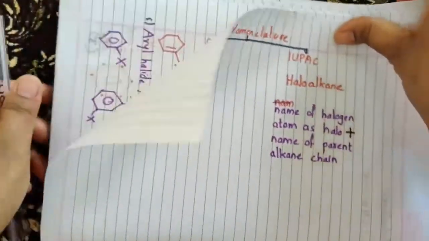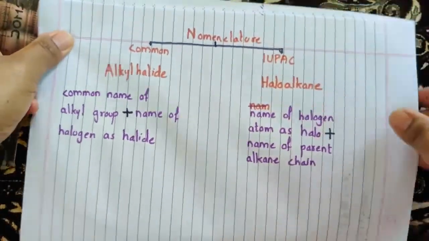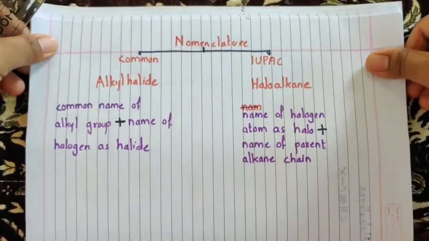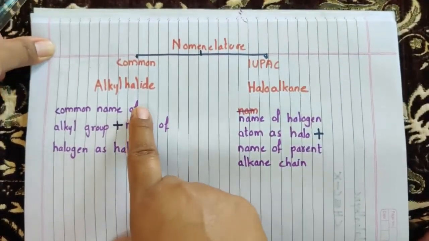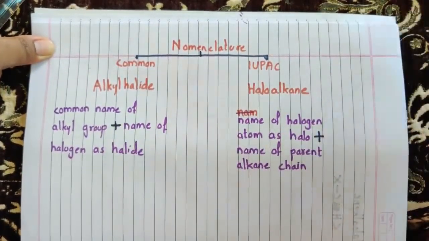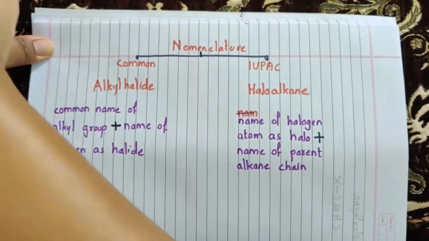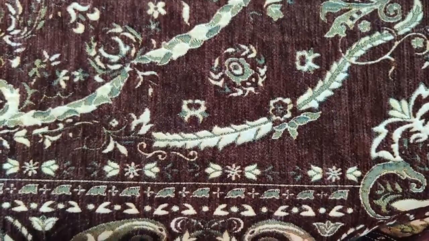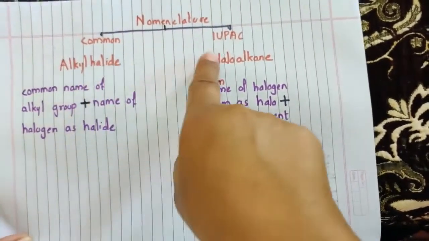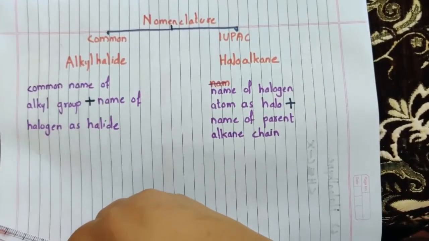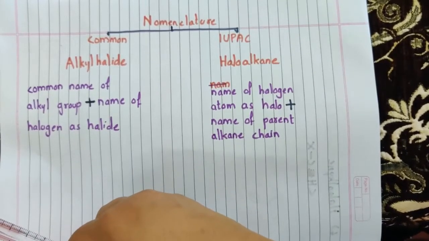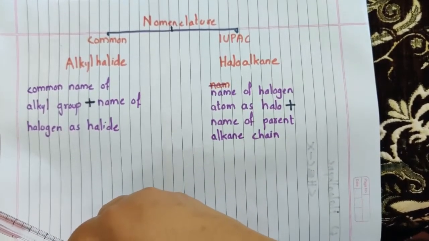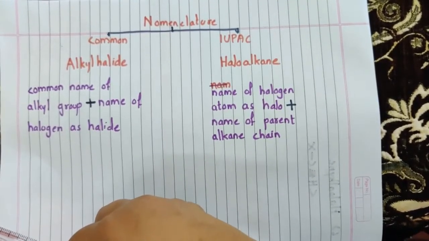Now let's move towards the nomenclature. Nomenclature, we know, is of two types: common or trivial system and IUPAC system. It is very simple.